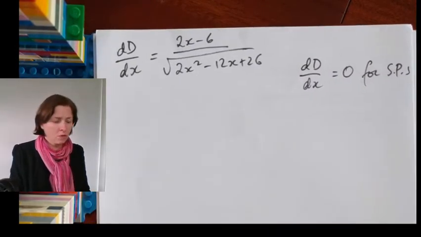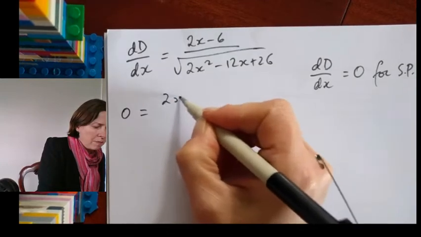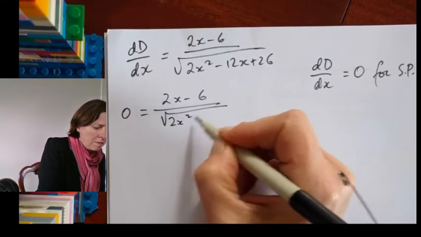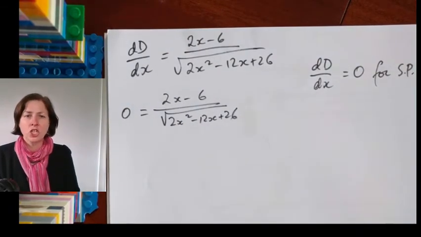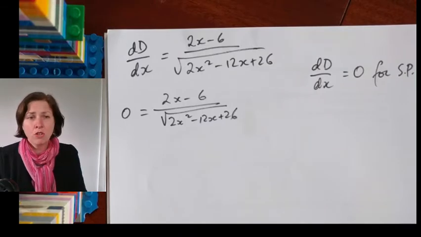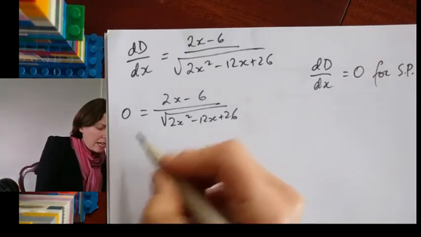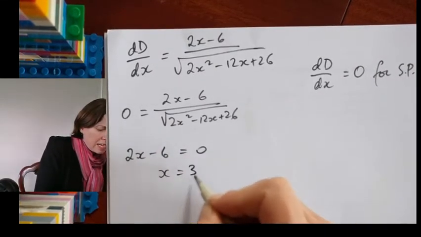Why am I making it equal to 0? To find stationary points. Whenever I'm dealing with a fraction equaling 0, I don't look to my denominator. I don't want the denominator to be equal to 0, only the numerator. So really I need to solve 2x minus 6 equals 0, which gives me x equals 3.